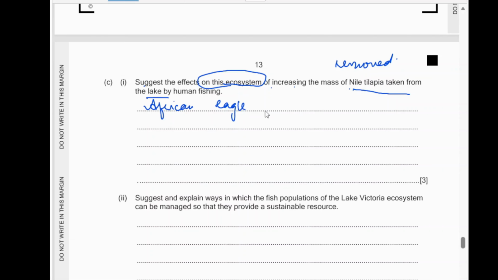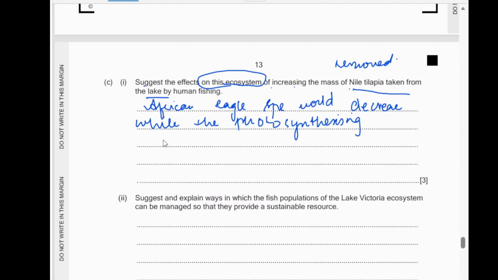African eagle species would decrease. Why? Because they have less food, while the photosynthesizing organisms would increase.